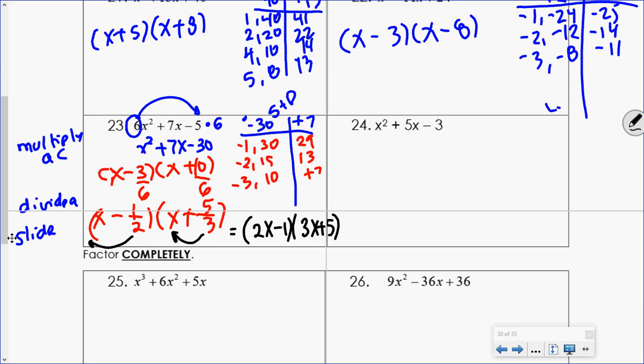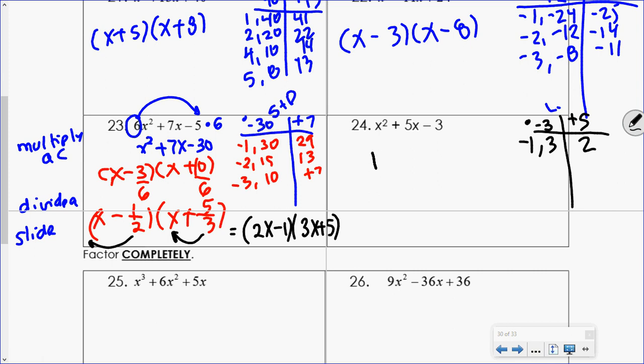Okay? Number 24. Looking for two numbers that multiply to negative 3 and add up to 5. My bigger number should be positive, and the smaller number is negative. So negative 1 and 3, and 3 minus 1 is 2. So that doesn't work. There are no more factors of 3.